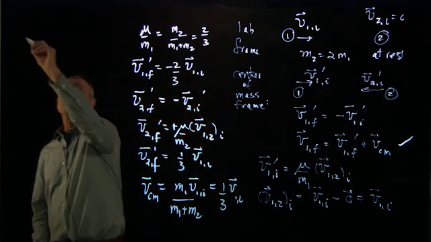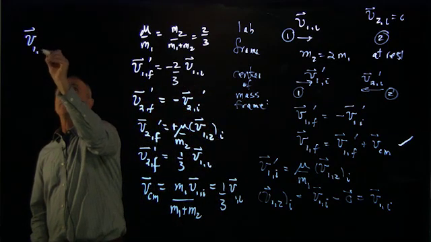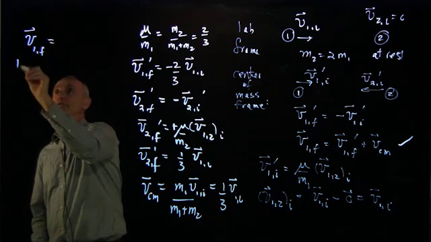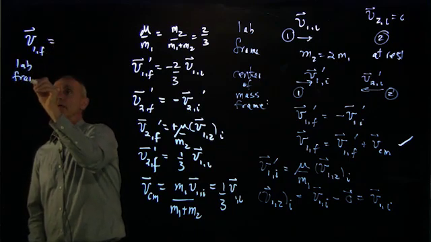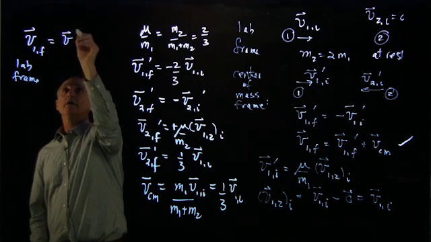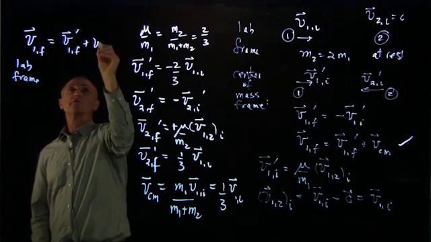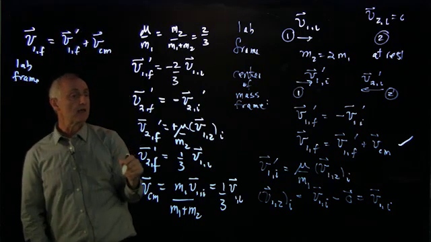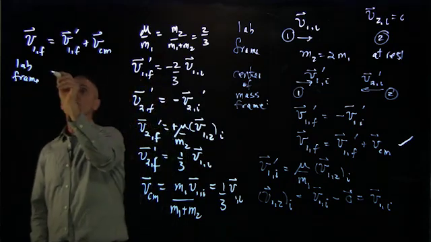And now, for conclusion, we have that the final velocity in the lab frame is equal to the velocity in the center of mass frame plus V center of mass. And we just collect our results.